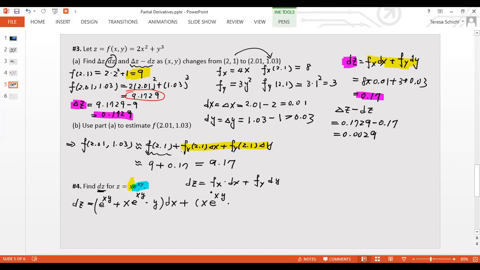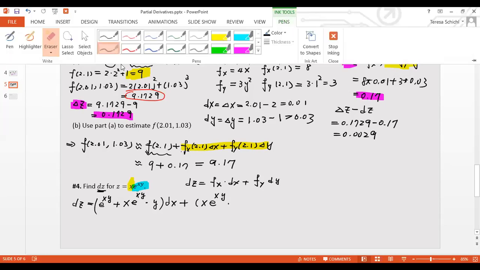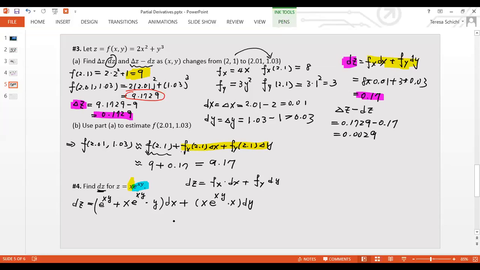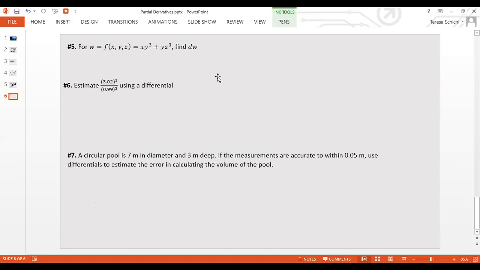Then the chain rule for xy: what is it here? It will be x here, so this is dy. So the final answer here: we can take e^(xy) out. This is (1 plus xy) dx plus x squared e^(xy) dy here.